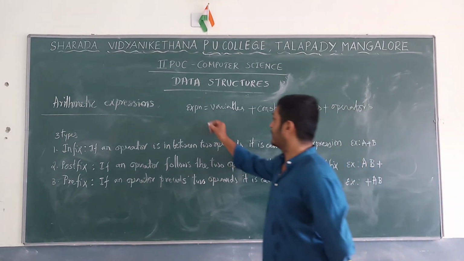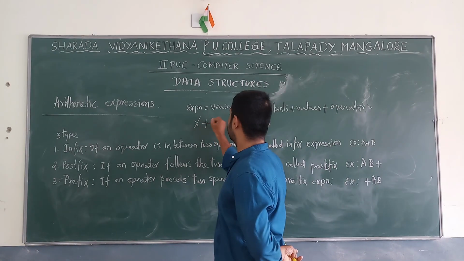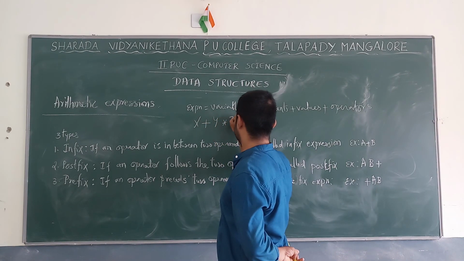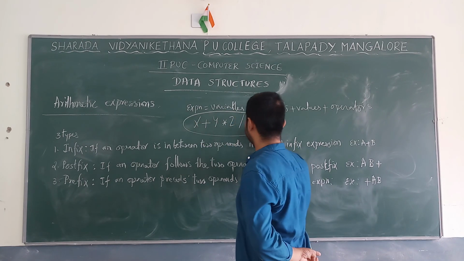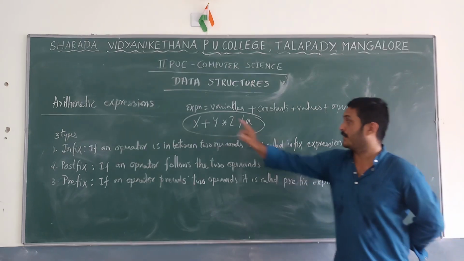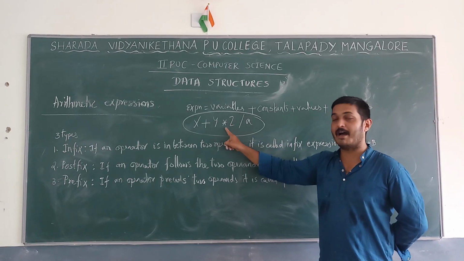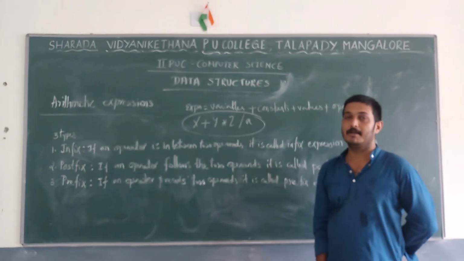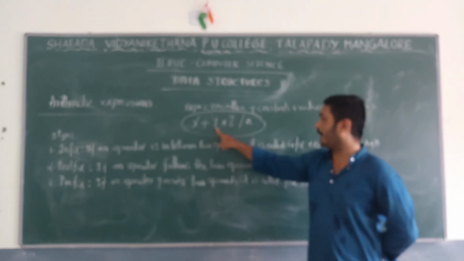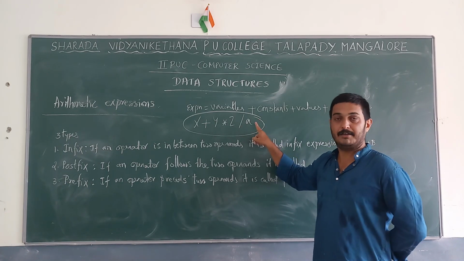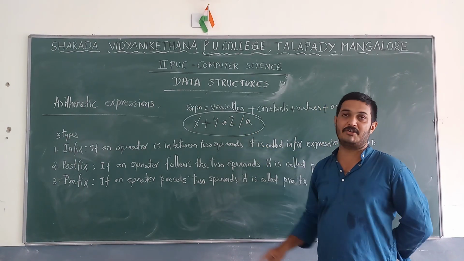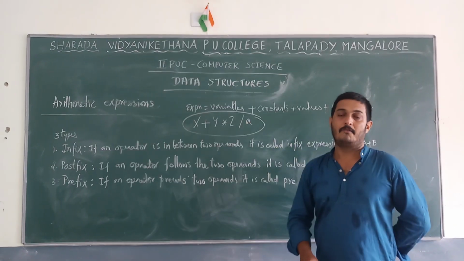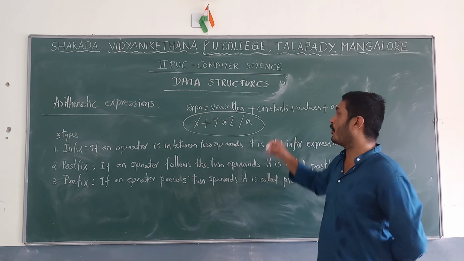For example, x plus y star z divided by a. Here x, y, z, a are all operands, and plus, star, and division (forward slash) are operators.